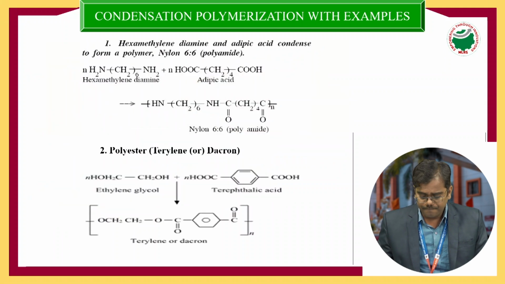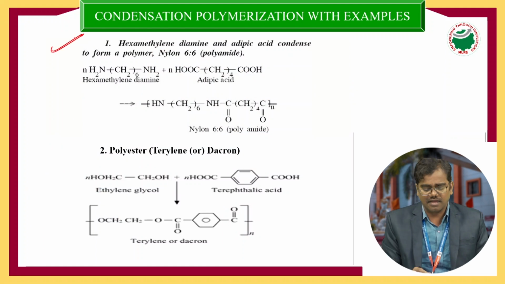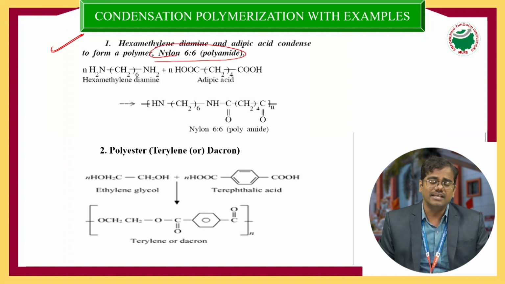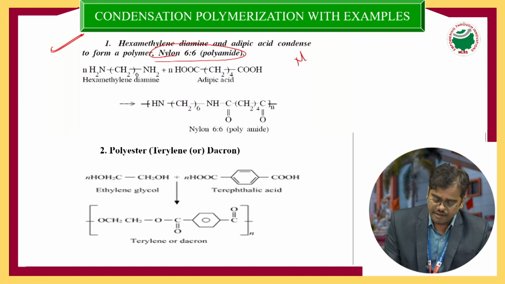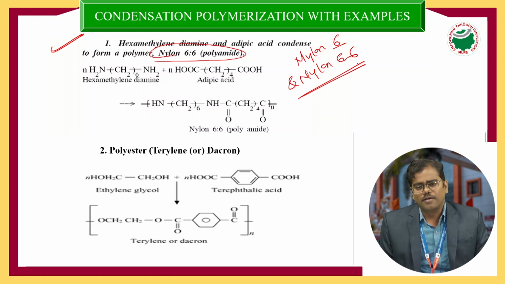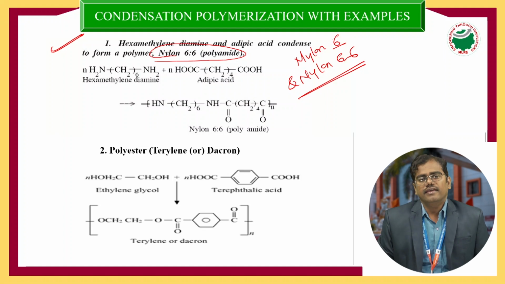Next one. One of the best examples for this is the nylon 6,6 polymer. Nylon 6 and nylon 6,6, these two condensation polymers, are mostly widely used in the textile industries.